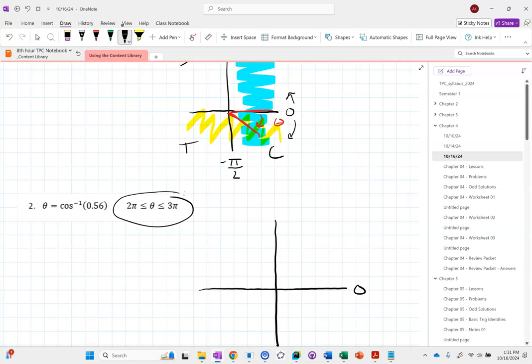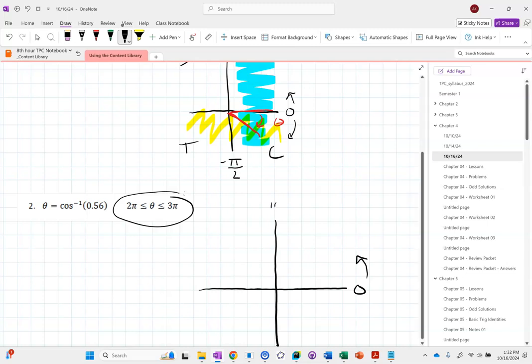So if I look at 2 pi to 3 pi, that tells me my answer has to be positive because it's between 2 positive numbers, right? So I know I'm going to be going counterclockwise, in that direction. And I'm just going to label my axes, where each axis is pi over 2.